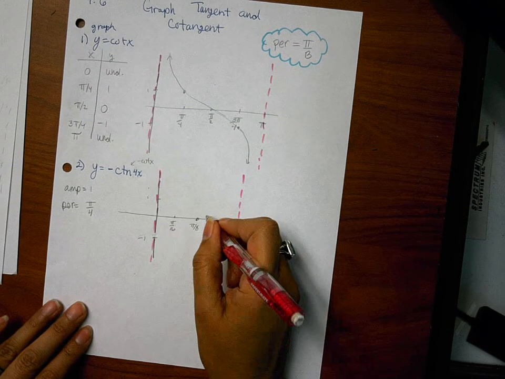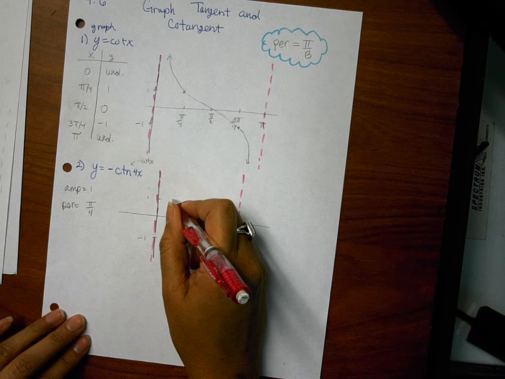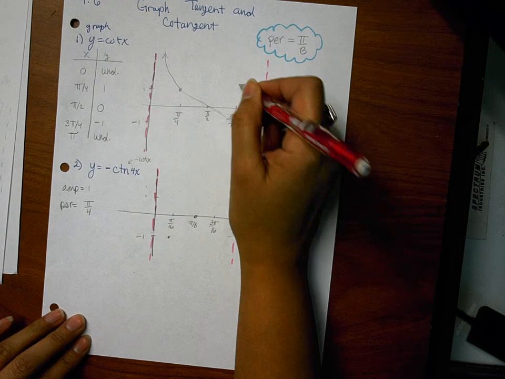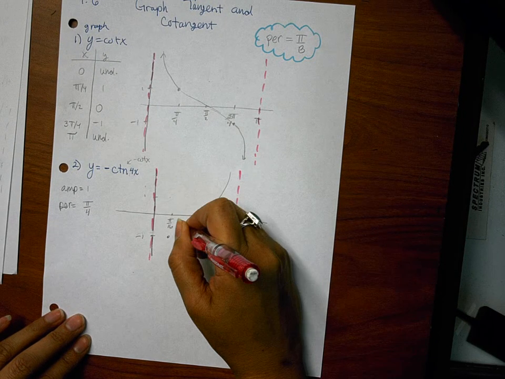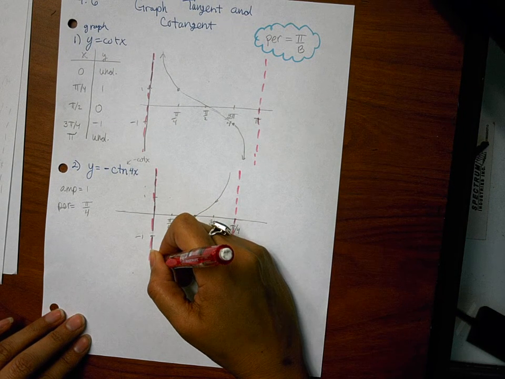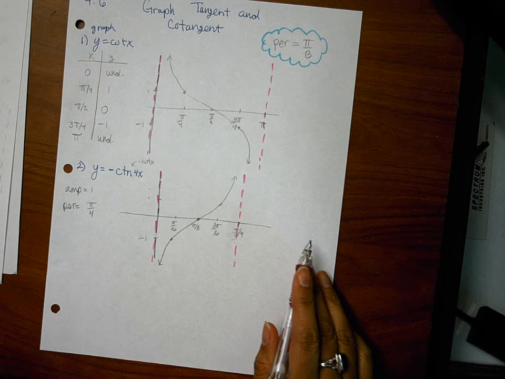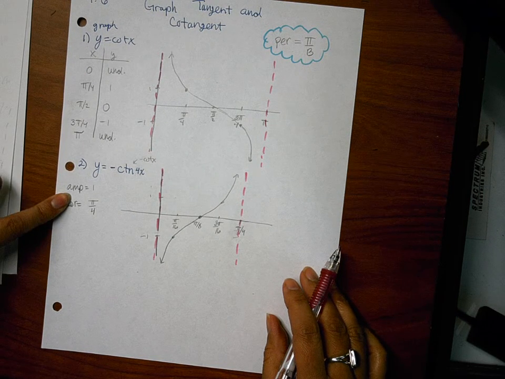Again, reciprocal, I'm sorry, opposite of 0 is 0, opposite of 1 is -1, and this -1 flips up to the +1. So it just flips across the x-axis. So now it looks like your positive cubic function. Cotangent, negative cotangent.